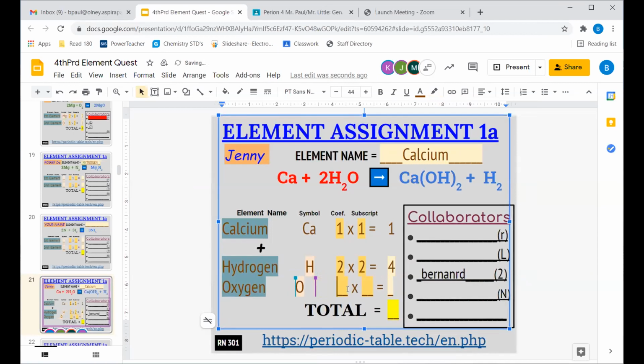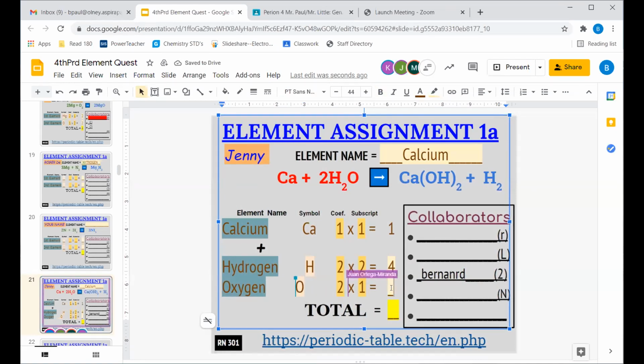Can someone tell me? Yes. What is the subscript for oxygen? 1. It's 1. You have to replace the 2 with a 1.